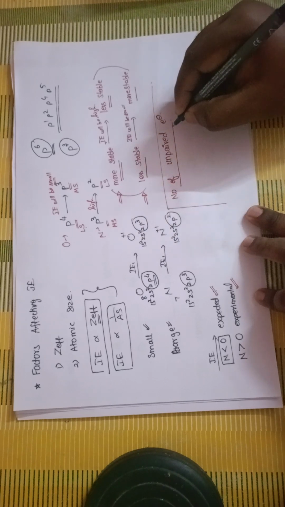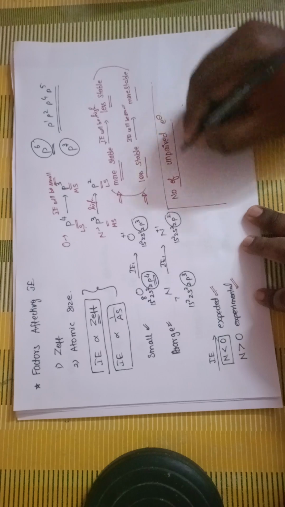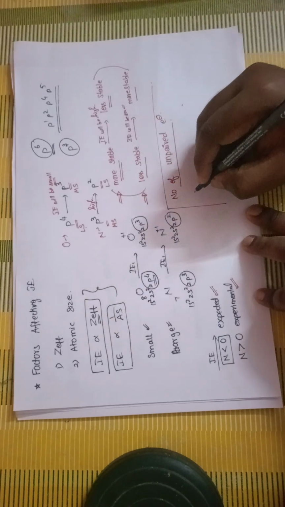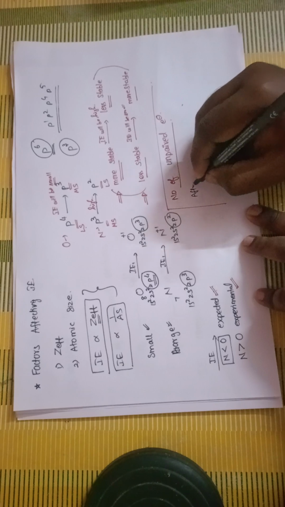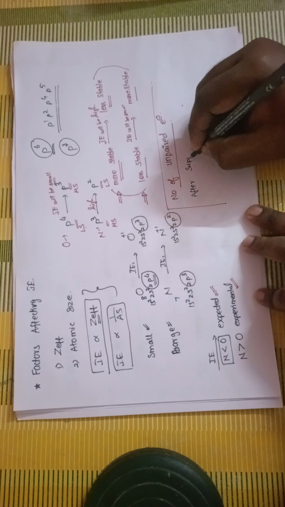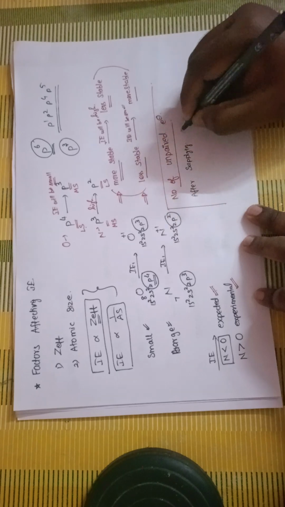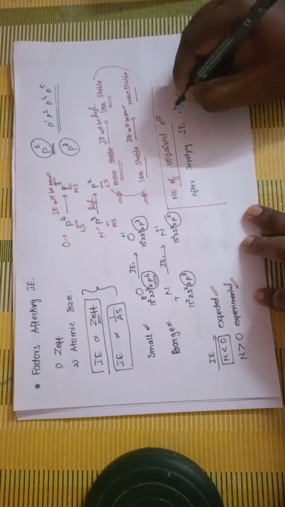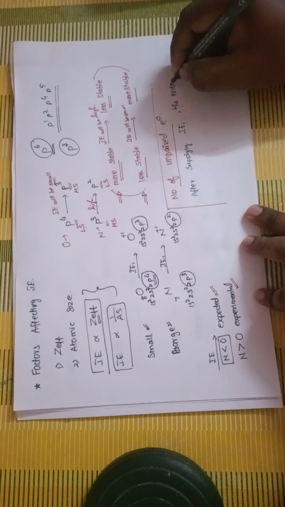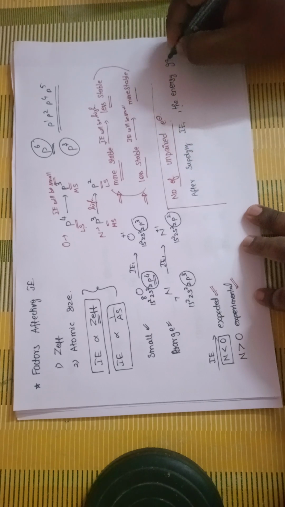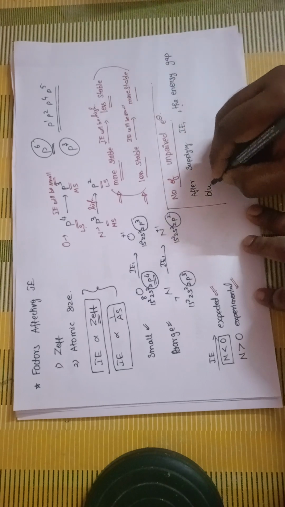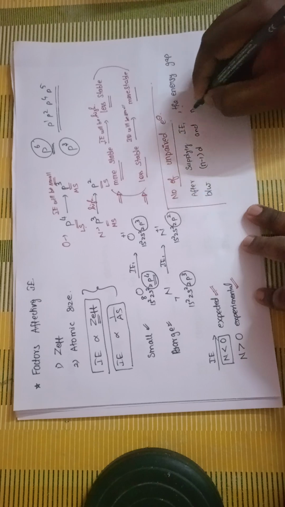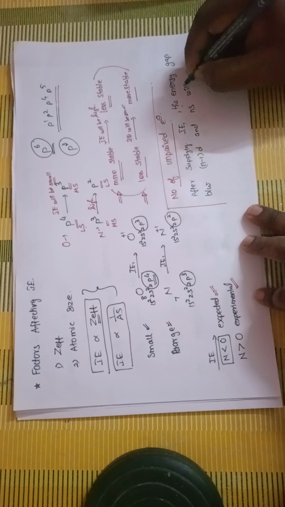Before understanding how to answer the number of unpaired electrons question, we should have an idea about this: after supplying IE1, the energy gap between n minus 1 d and ns will be large.